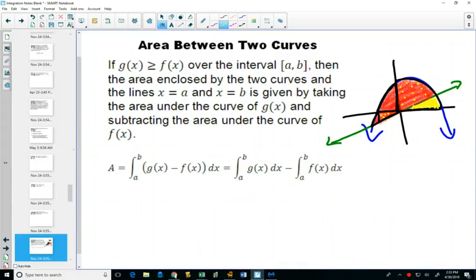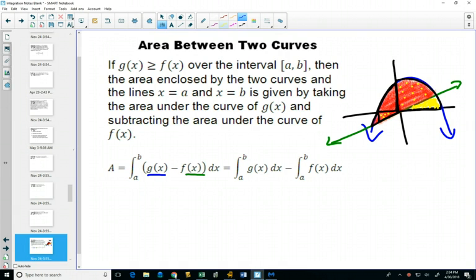And so what's really neat about finding the area between two curves is that all we have to do is figure out which function is above the other function. In our case, can you see that the blue function is the top bound and the green function was the bottom bound for the area that was enclosed between them?